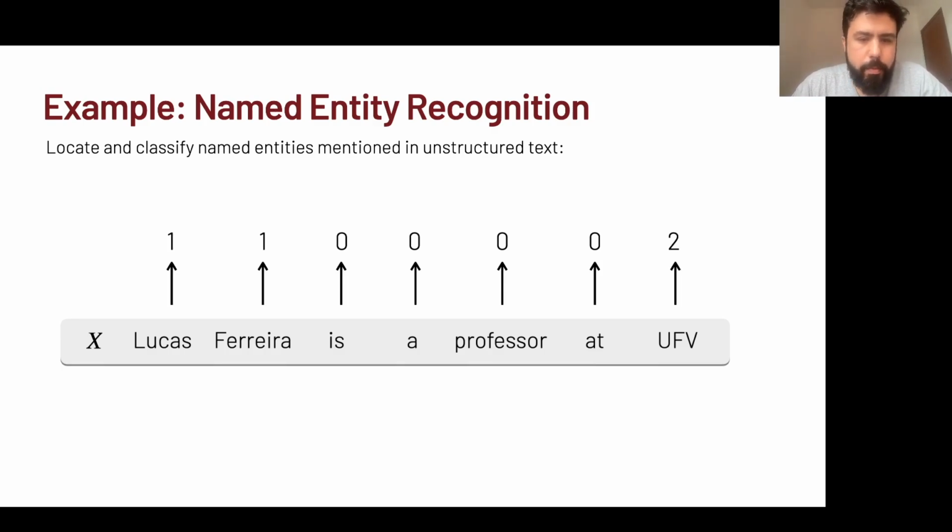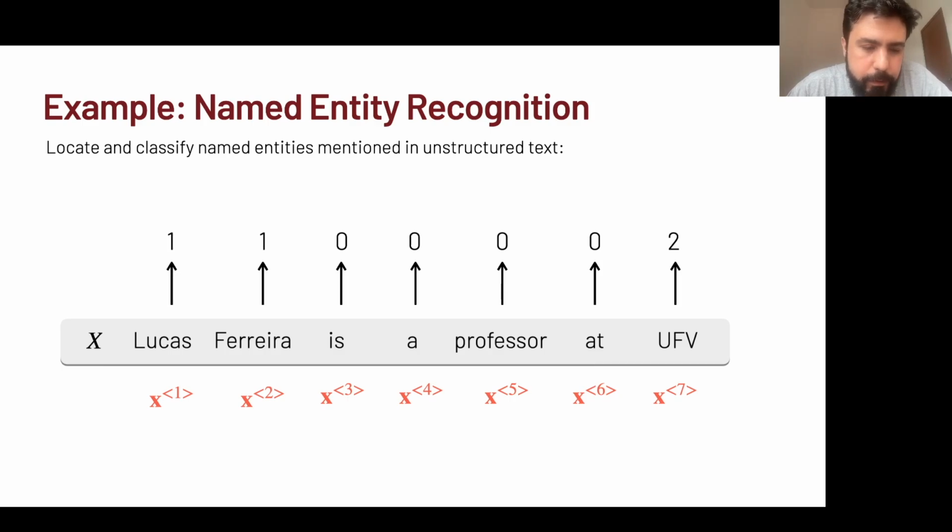So the way we model these sequential problems is we think about each element in the sequence as one time step. So every element, let's say Lucas, is one input to the model, and we're going to call that X<1>, right?